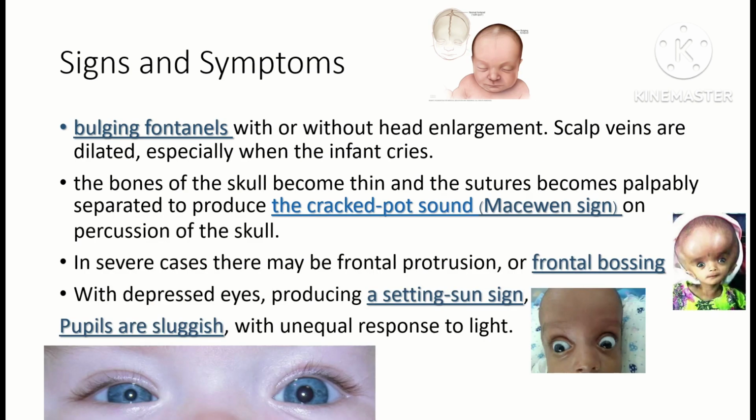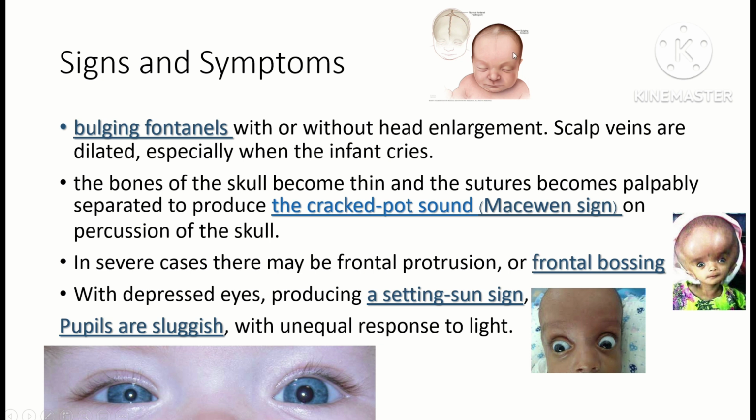These are the signs and symptoms of hydrocephalus in infants. If the infant has hydrocephalus, there are bulging fontanelles, like in this picture, with or without head enlargement.